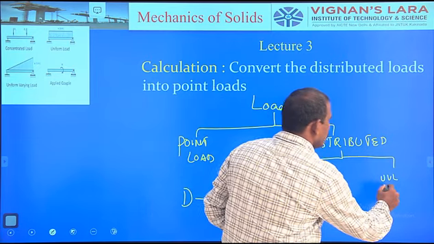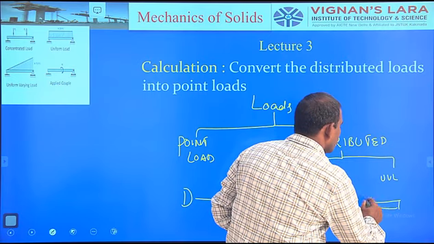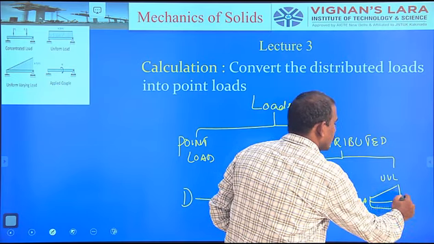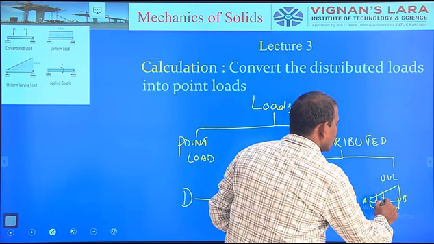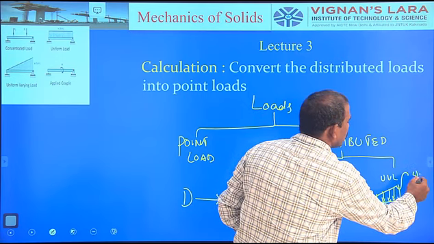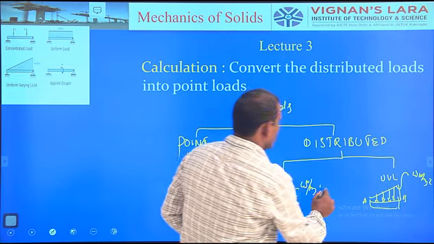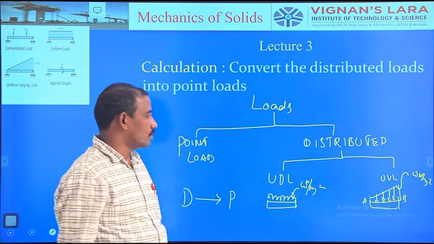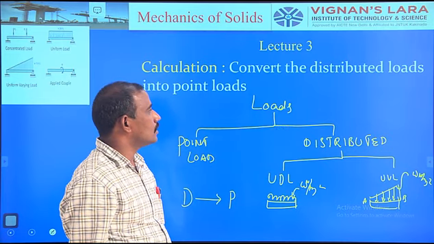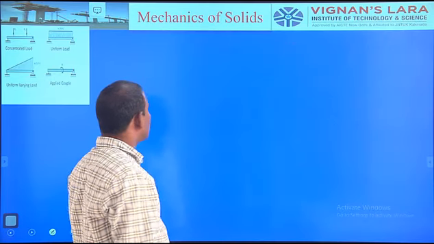Similarly, the linearly varying load is also represented: at end A the load is 0, and at end B the intensity of load increases gradually. Again, it is represented as W Newton per meter. That is the distributed load. We have to convert the distributed loads into point loads for calculation purposes. So let us see them one by one.